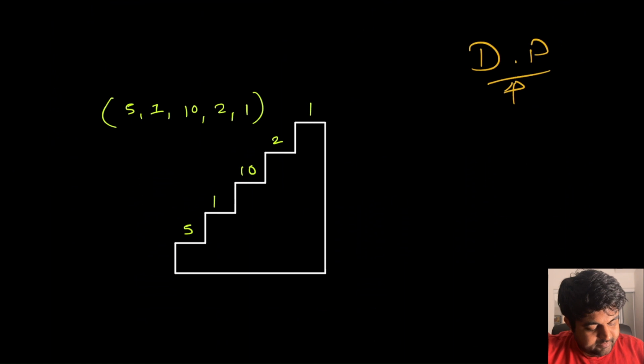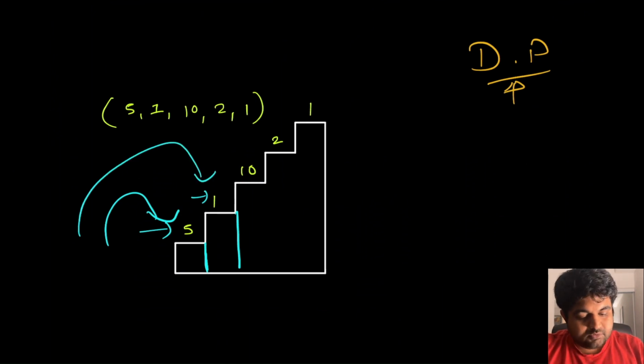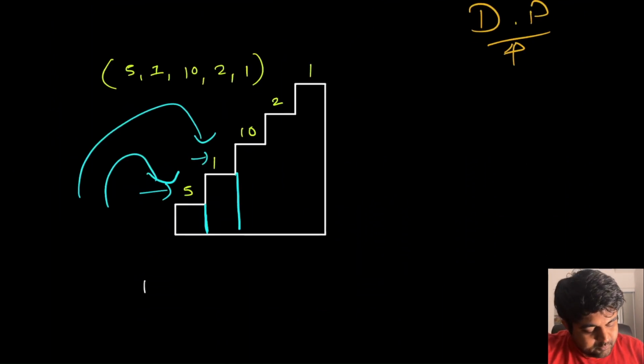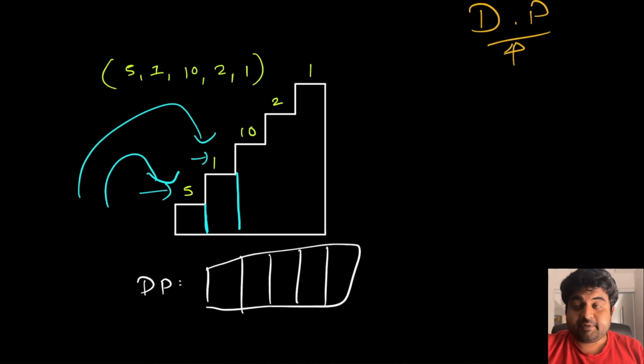Currently we have no choice but to calculate the minimum cost to reach these two values, and it's quite straightforward. We can always directly jump to this very first step or very second step. So we can create a dynamic programming array, and the purpose of this array is that we will calculate the minimum cost it takes to reach any particular element.